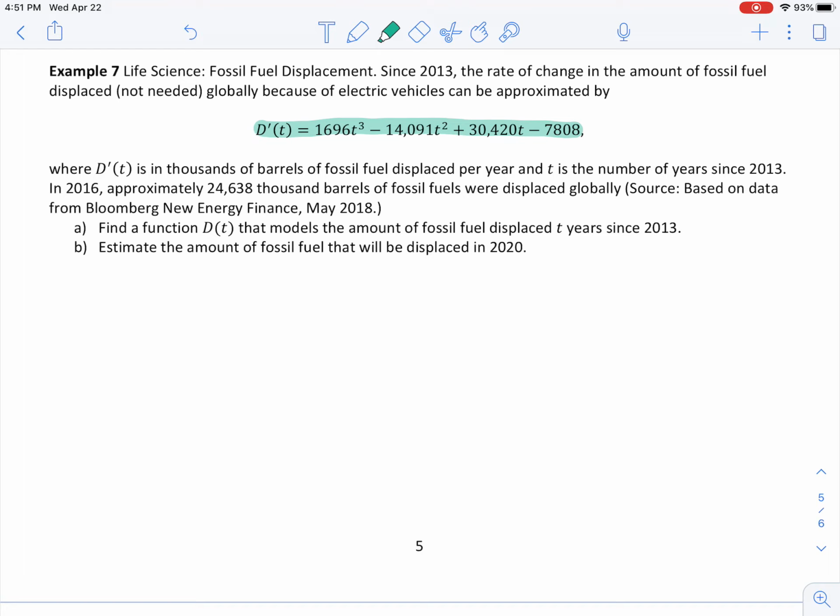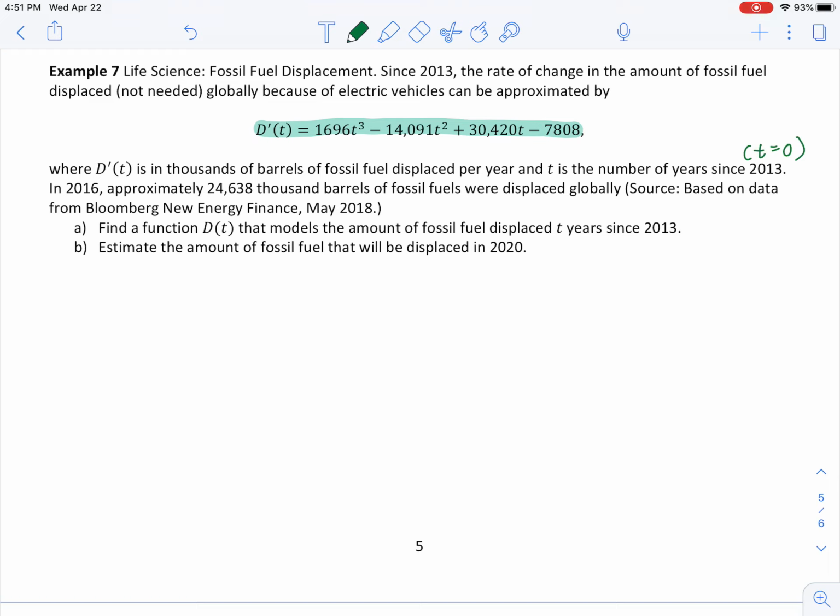D prime of t equals, it's a long function, where d prime of t is in thousands of barrels of fossil fuel displaced per year, and t is the number of years since 2013.